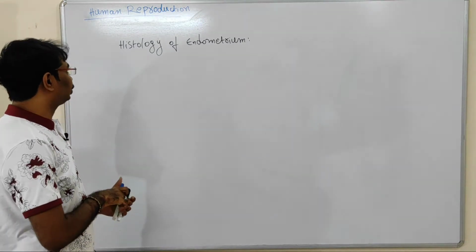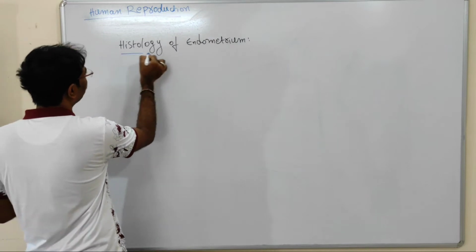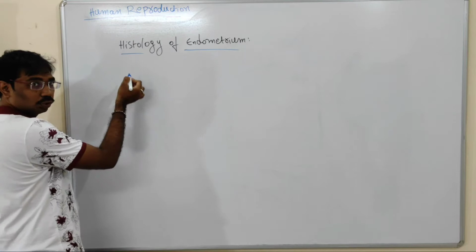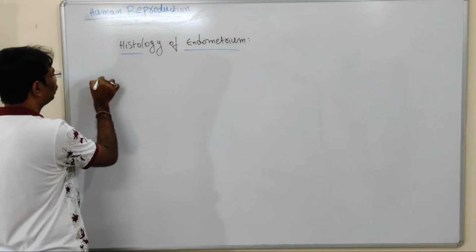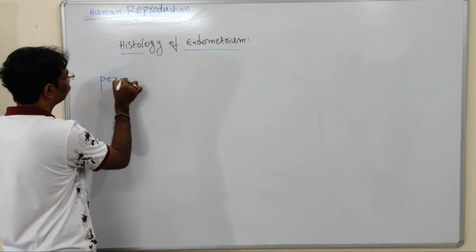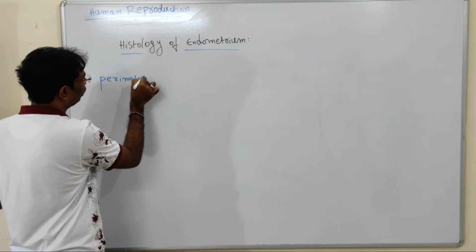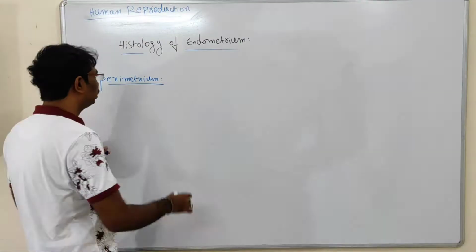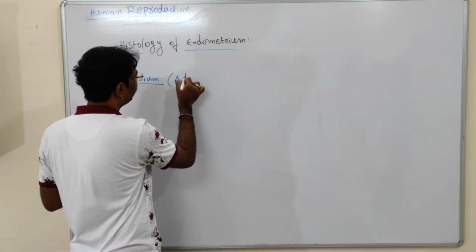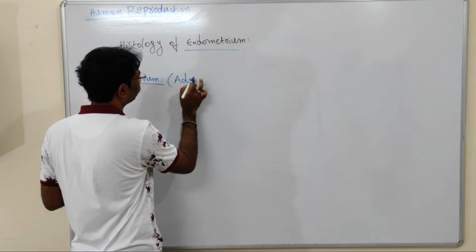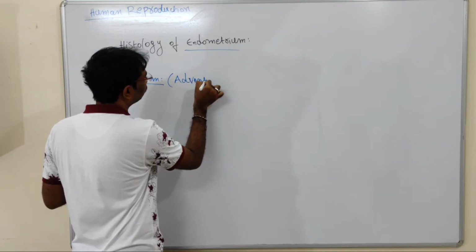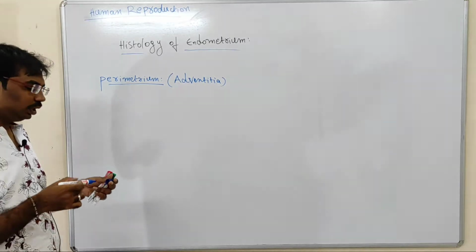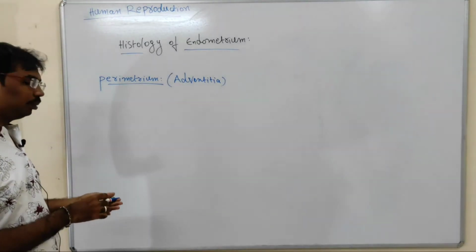So what kind of histology is present in the uterus? The outermost layer is called the perimetrium, another name is adventitia.